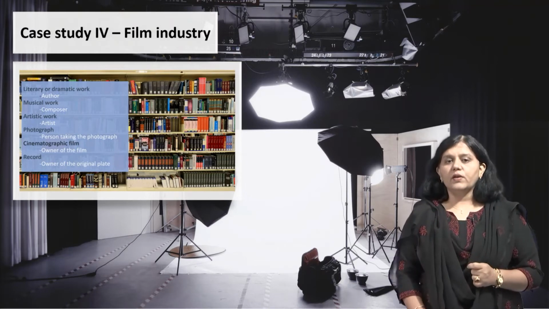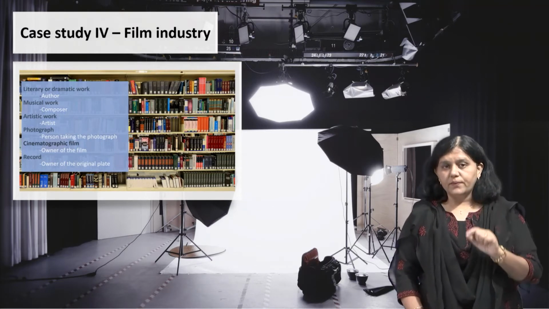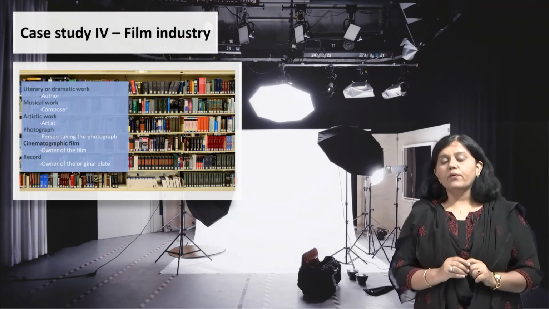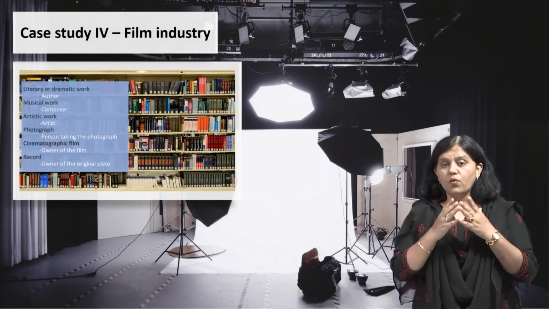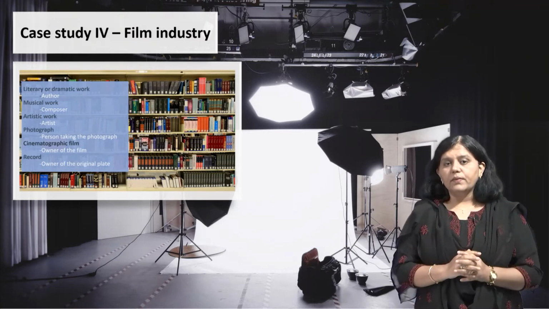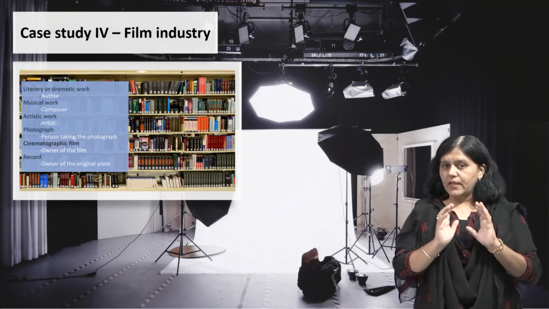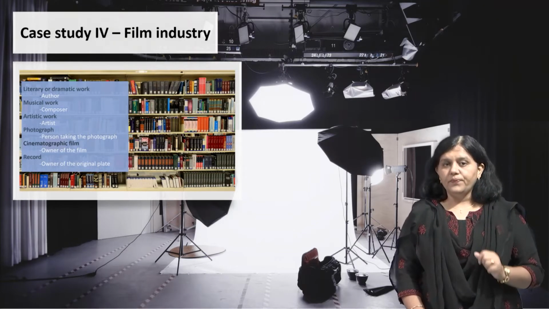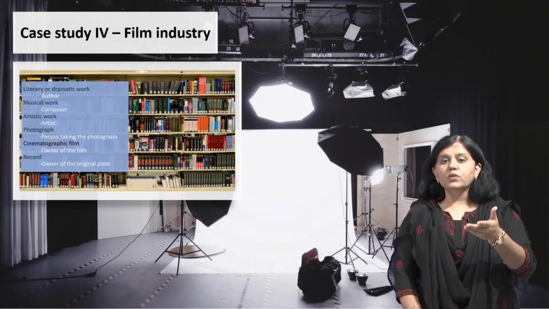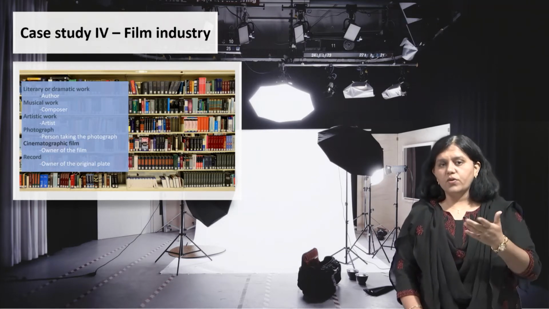When we are talking about a record, the owner of the original plate from which the record is made, at the time of making the plate, is the owner of that record. These are the authors, and authors are the owners for that particular type of copyright.